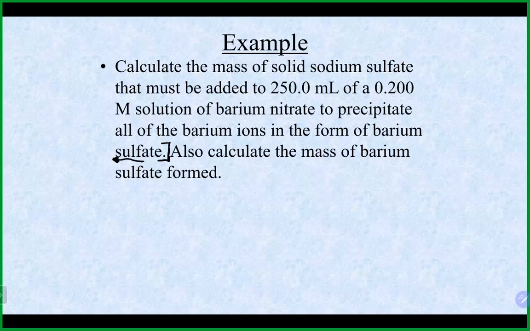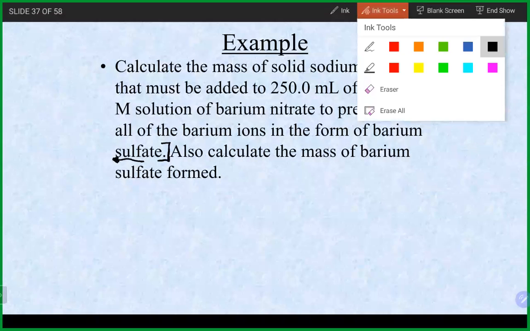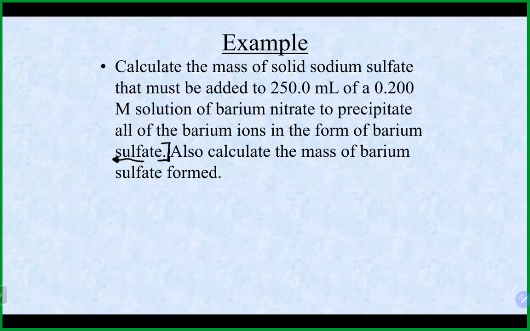So it is a stoichiometry problem, which means we do need an equation and we have things in words. So remember, we want to make sure we get the right formulas first, then balance the equation. We're looking for the mass of sodium sulfate that must be added. So that is a reactant. Sodium is +1, sulfate is -2. So that should give us sodium sulfate that looks something like that.